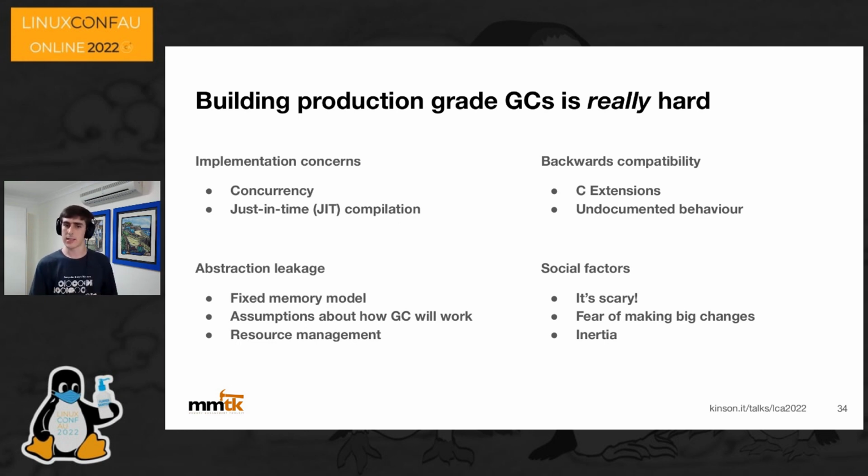And over time, as language runtimes become older, software engineering issues start to be a problem as well. You get abstraction leakage, where parts of the runtime assume that there's a fixed memory model using a fixed garbage collector. They assume how it will work. For instance, in Ruby, it's assumed that the garbage collector works on 40-byte slots.